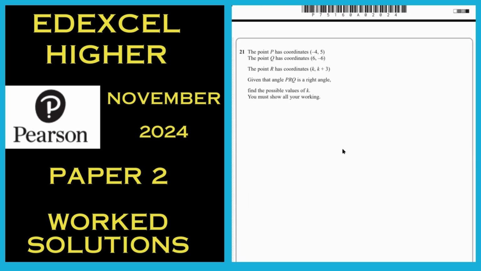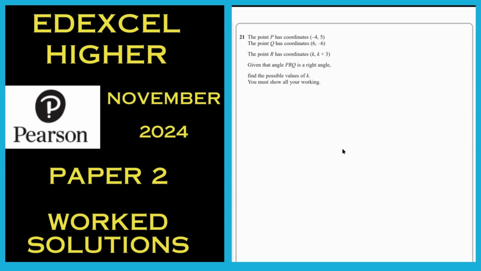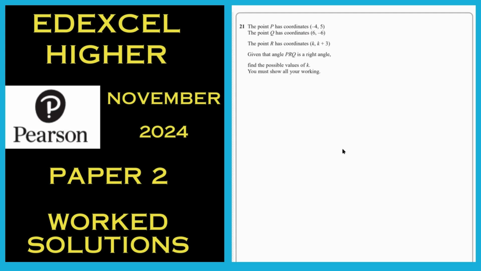Number 21. One of those horrible questions that if there isn't a diagram, it's usually a good idea to draw one. Feel free, because at the end of the day, if you're told it's a right angle, that means the right angle is at R. What do we know about right angles?